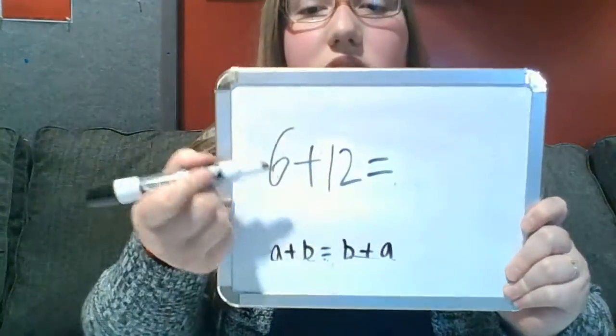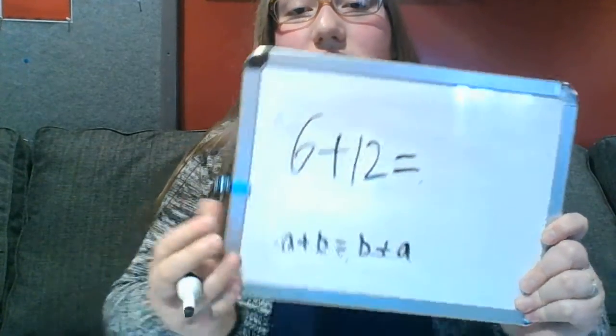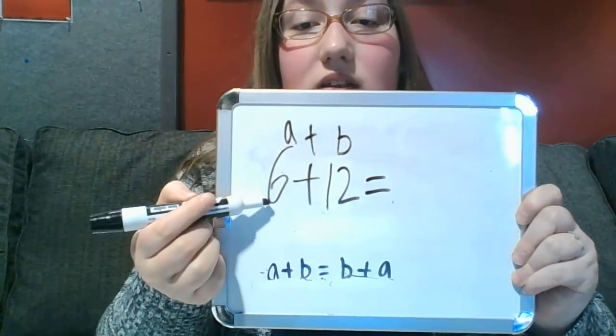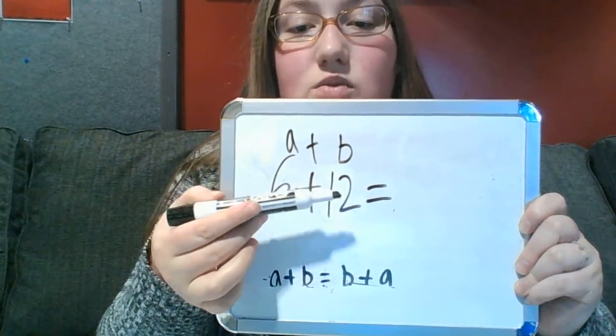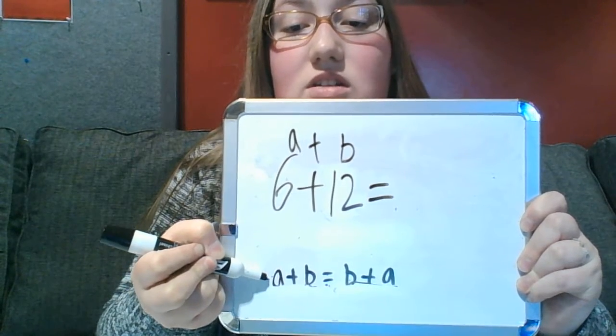How would we rewrite that using the commutative property of addition? 6 plus 12. If 6 is your A and 12 is your B, how would we rewrite 6 plus 12 in the commutative property of addition equation?